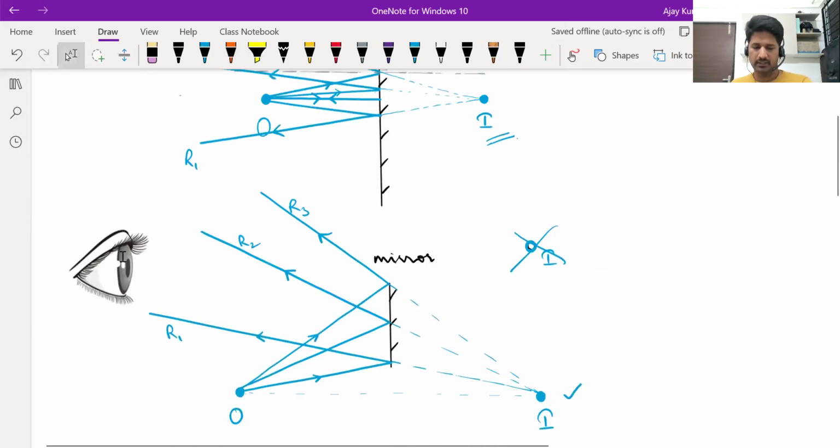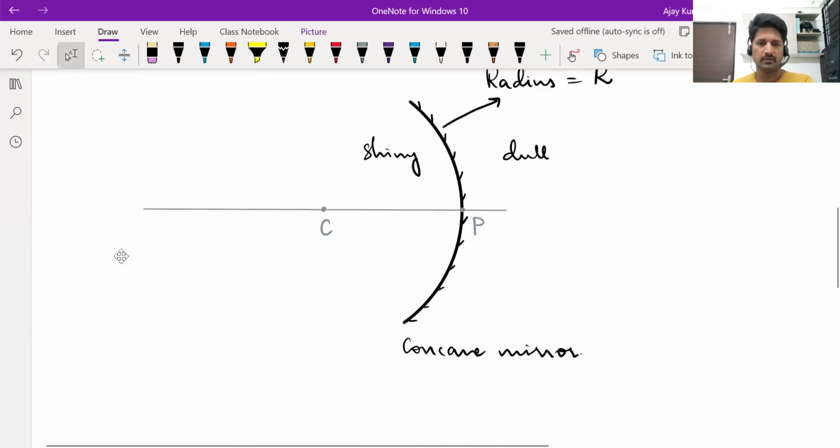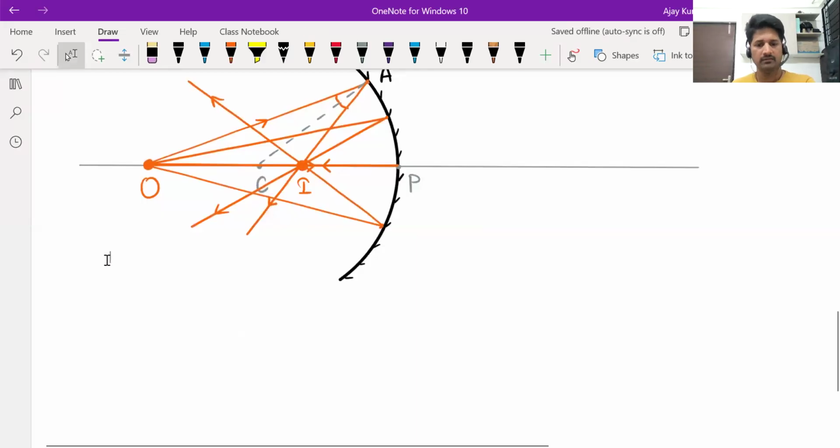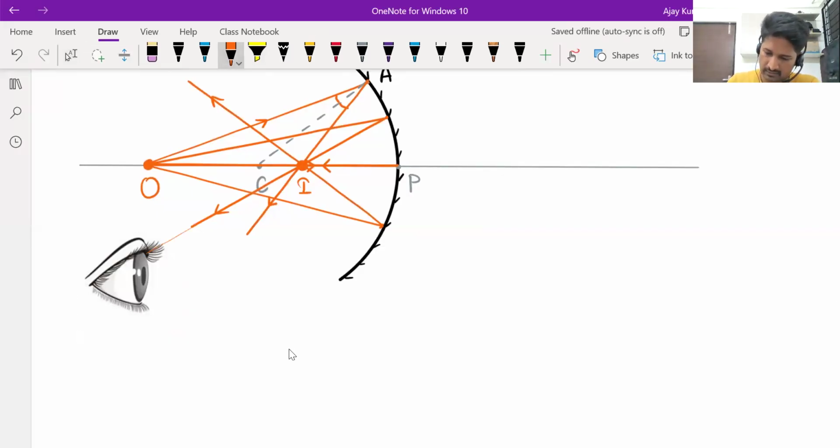Because if there's an observer in front of this mirror, anywhere, on the lower side or the upper side, light enters the observer's eyes as if it is coming from that point. So when we look towards the mirror, we will see something here. That's why we call it the image location.